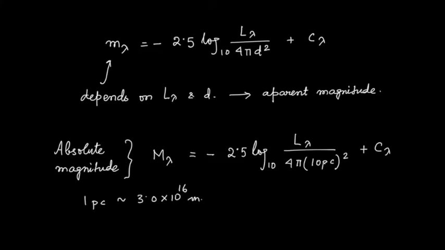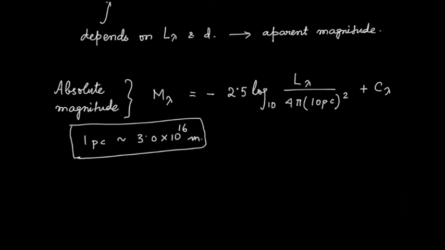You should look at how this unit is defined, why this unit is this much in meters. So this absolute magnitude gives you a direct estimate of the luminosity of the star.